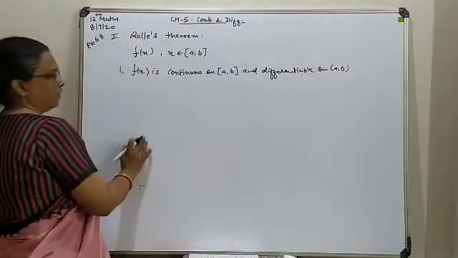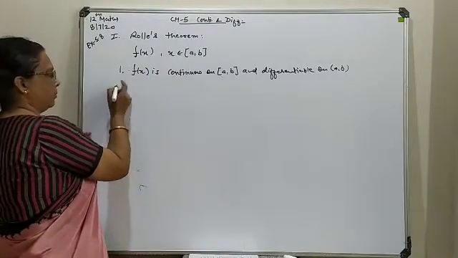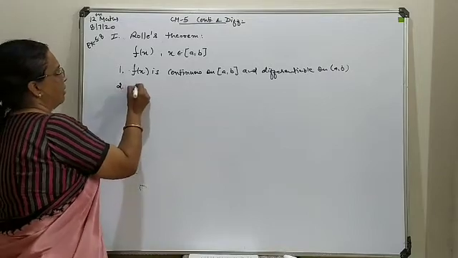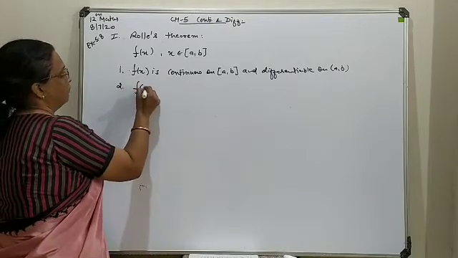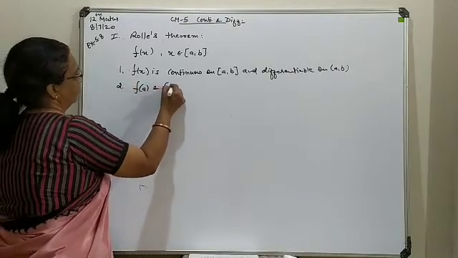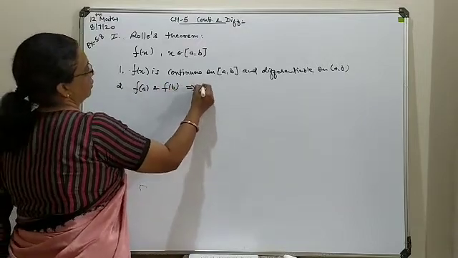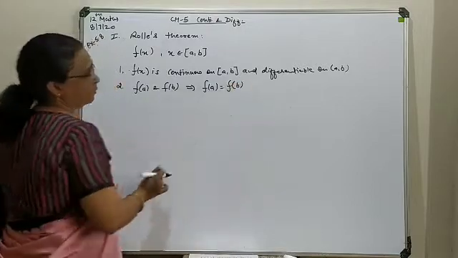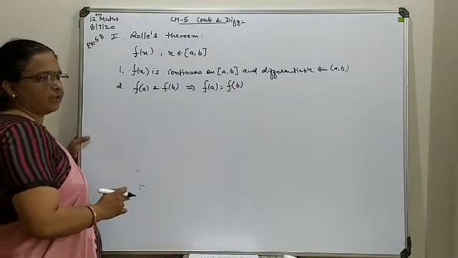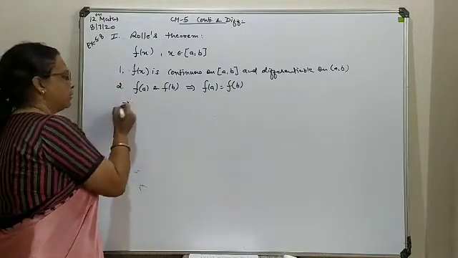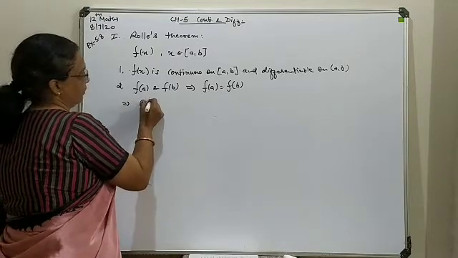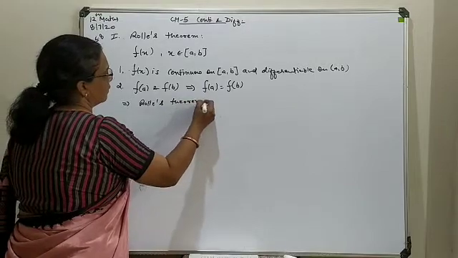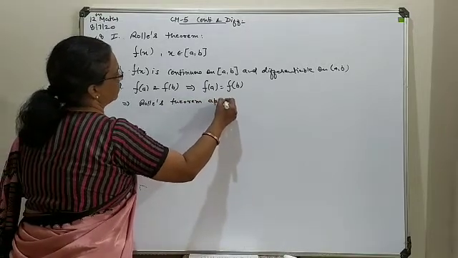First of all, you justify these two statements. Next, you move on to checking the function values f(a) and f(b), and check whether f(a) and f(b) are the same or not. If these two are the same, then you can write that Rolle's theorem is applicable.